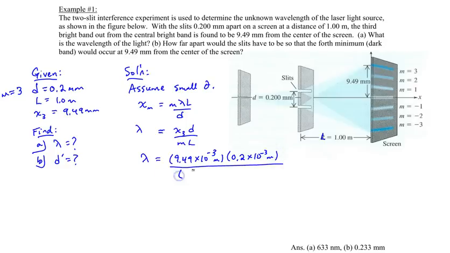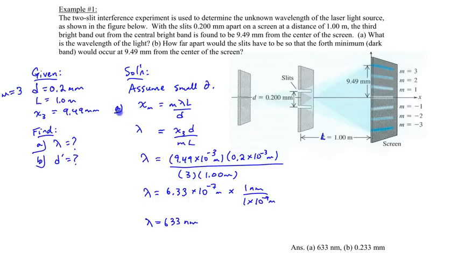And we're dividing by m equals 3, that's the order number, times the distance between the slits and the screen, which is 1 meter. Put that into your calculator and you'll get lambda equals 6.33 times 10 to the power negative 7 meters. If you were to put that into nanometers, 1 nanometer is 1 times 10 to the power negative 9 meters, and that would give you 633 nanometers.